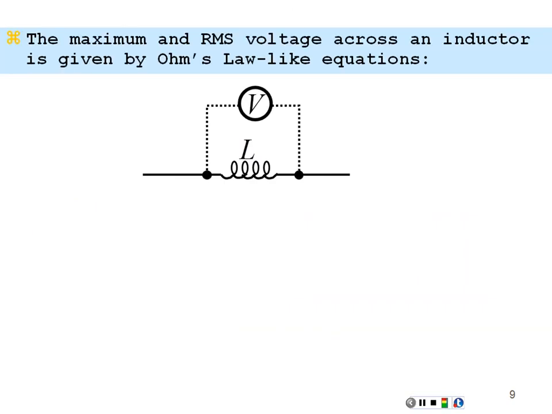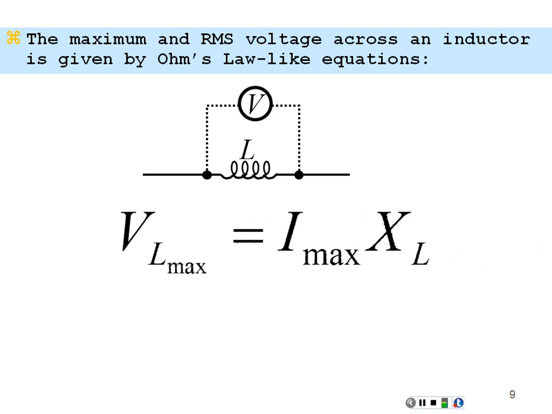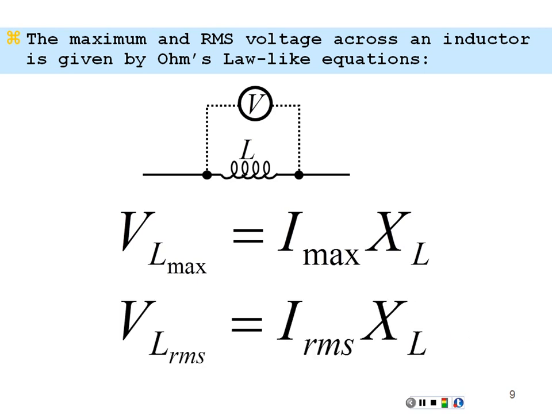In an Ohm's law-like relationship, we can say that the maximum voltage across the inductor is related to the maximum current in the circuit times its inductive reactance. Kind of looks like V equals IR, but it's V equals I times the inductive reactance. And the RMS voltage in the inductor is equal to the RMS current times the inductive reactance.